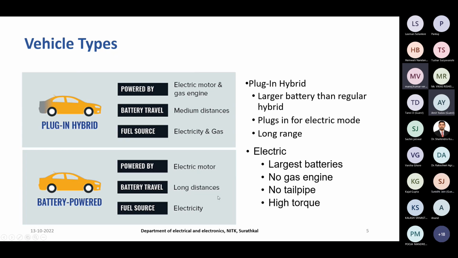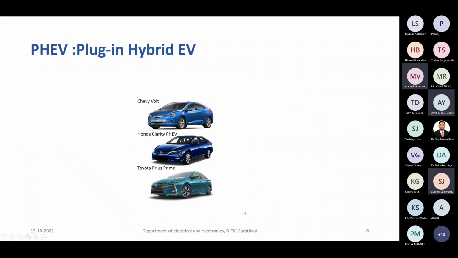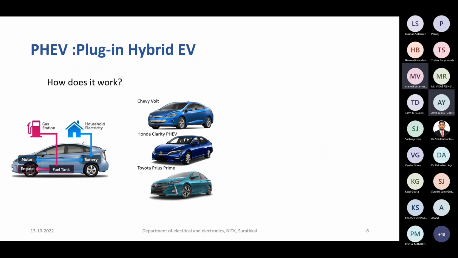So here we can see that batteries are more important in these types of battery powered vehicles. So we are going to discuss how to make a battery management system to power up the batteries for electric vehicles. And for PHEV, plug-in hybrid, how it is powered: we can use household electricity, or it can be filled at a gas station.